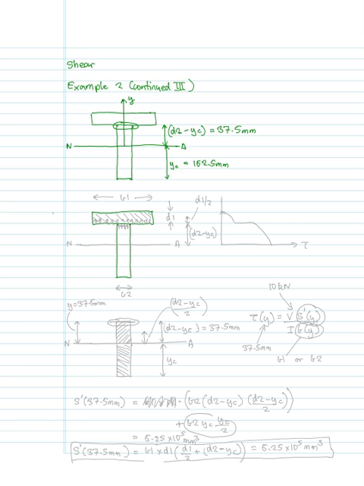So we've got our section there with the neutral axis acting along there, and we want to work out our shear stress at the distance of y of 37.5 millimeters. So we're going to be working out our shear stress acting below the glue, and we're also going to be working out our shear stress just acting above the glue.